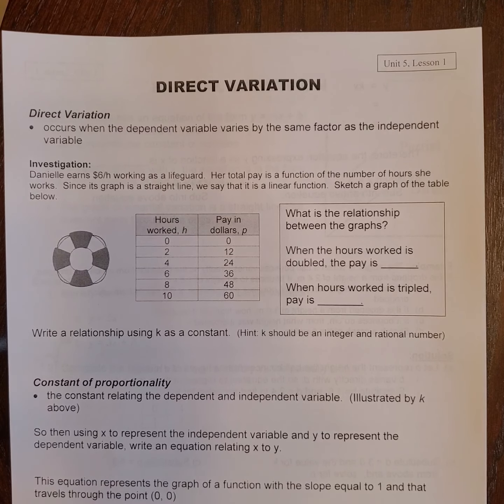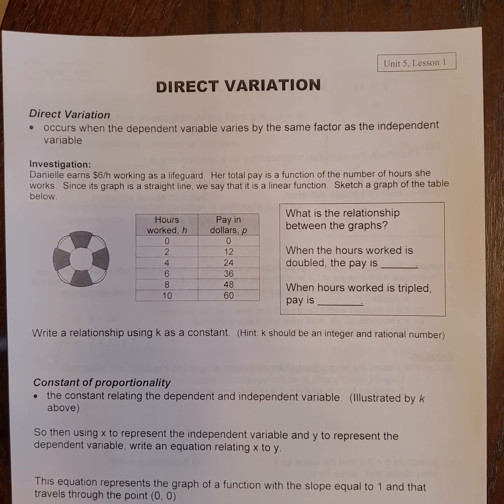Okay, so we can rewrite this as y is equal to kx, where y is the pay, k is the factor, and x is the number of hours that she works. So we can isolate k. We divide both sides by x to get rid of the x.